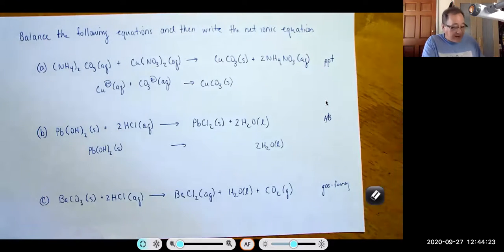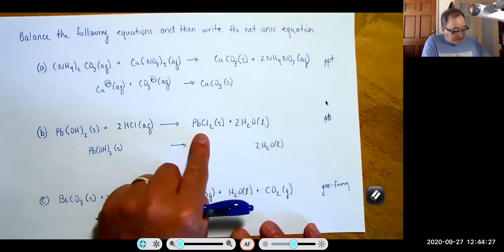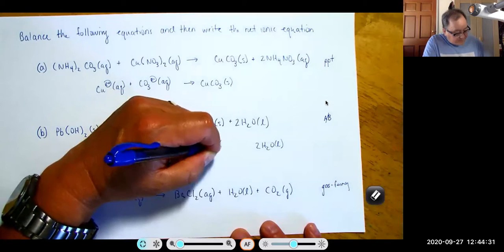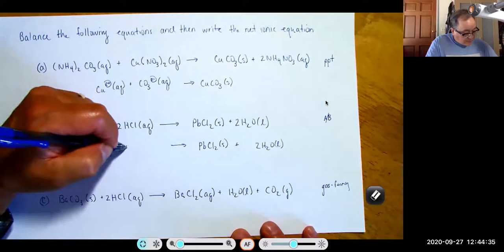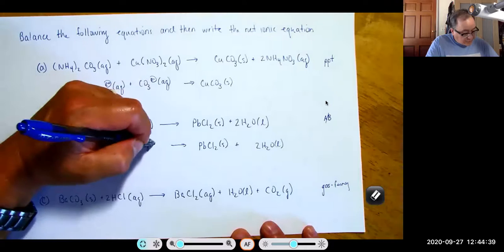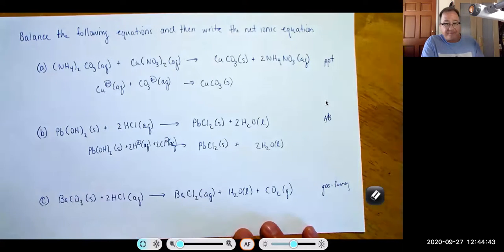Well, because it's a strong acid, they're separated. So we actually have two chlorides. Here, this is a solid, so we have to write that in there. So here we have to write 2H pluses aqueous plus 2 chlorides aqueous. And there's your net. The net doesn't look any simpler than the actual reaction, does it?